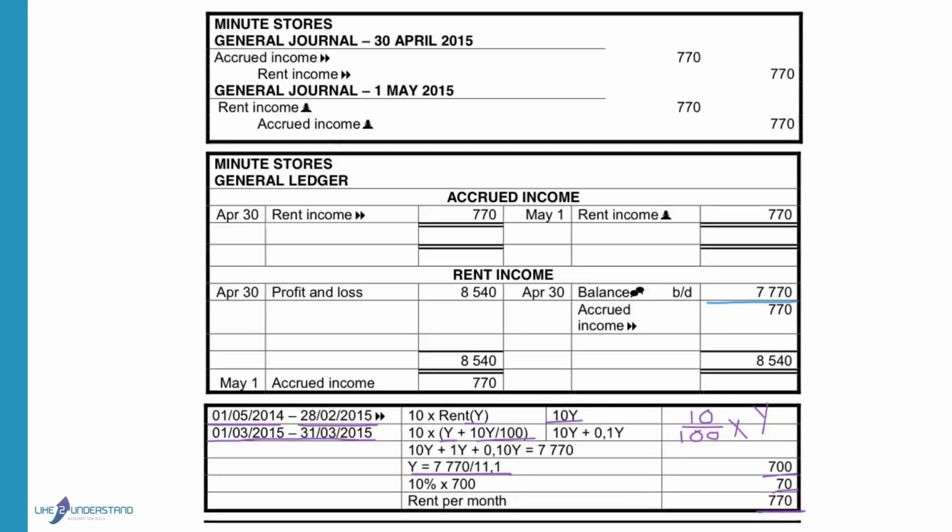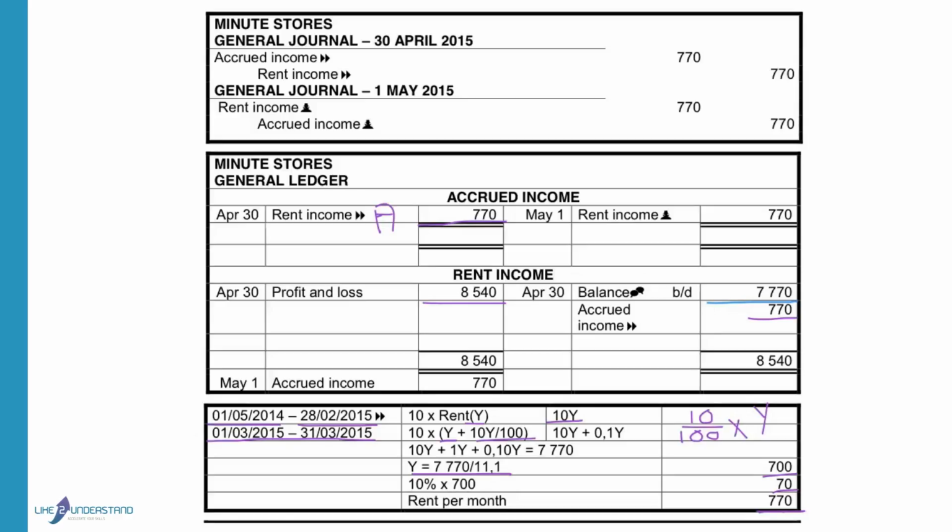I will have to increase my rent income account with 770 so that I can show the total amount that we are supposed to have in rent income, 8,540. And I will debit the accrued income account with 770 because I want to show that we created an asset that will appear in the balance sheet under current assets at the end of the year.